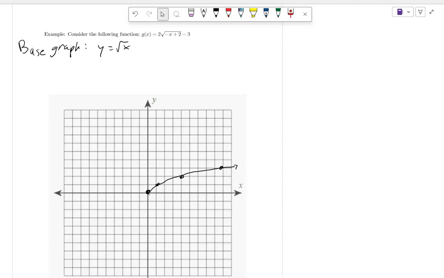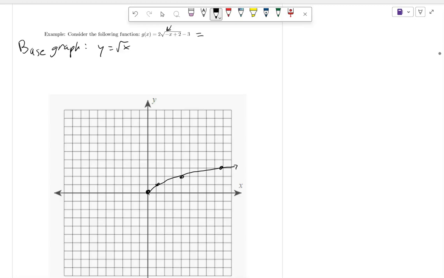Now, for the inside, when you've got these coefficients on x, and you'll see one in the next problem as well, what I would do first, since I talked about last time about going from left to right as you do your transformations, anytime you've got a coefficient on the x on the inside, the first thing I would do is factor it out on the inside.